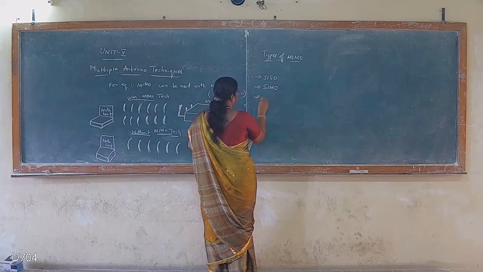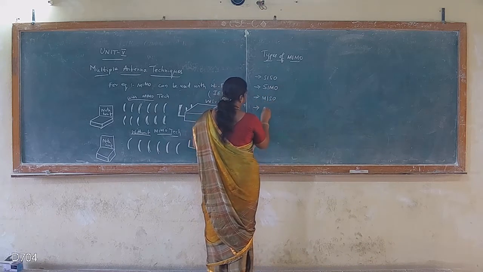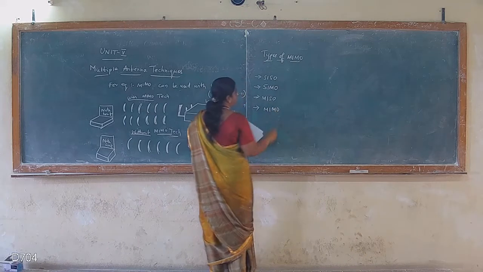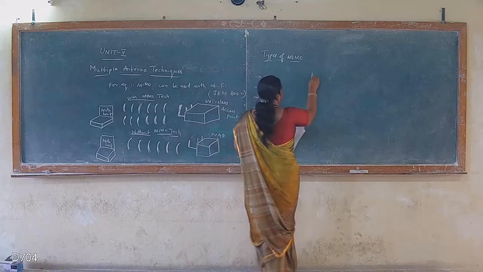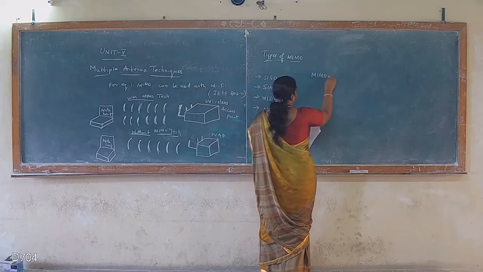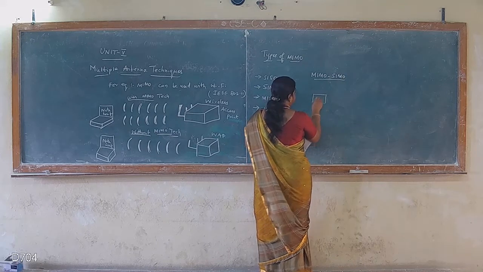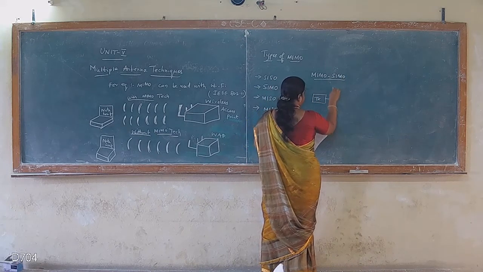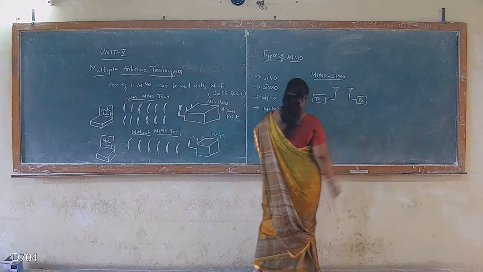So I'll draw the diagrams. MIMO with SIMO, a transmitter, and then a single receiver will be present, right? Then MIMO with... this is single input, single output.